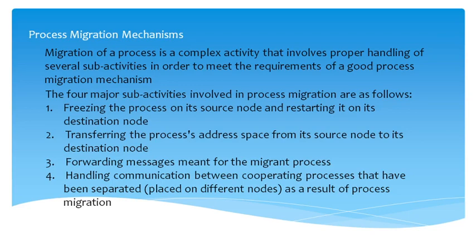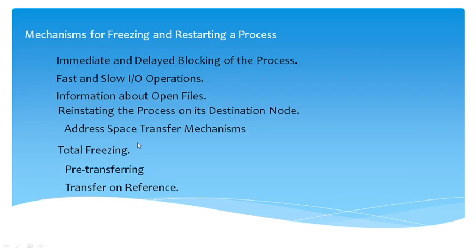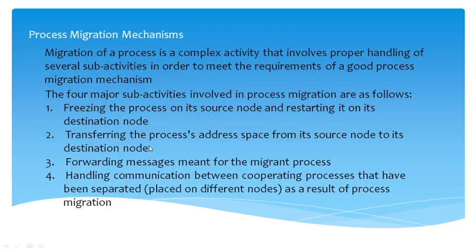Transferring means the process address space should be transferred to the destination node. This is a very important sub-activity. Third, forwarding messages meant for the migrant process. And last, handling communication: when cooperating processes are placed on different nodes, their communication should be handled.